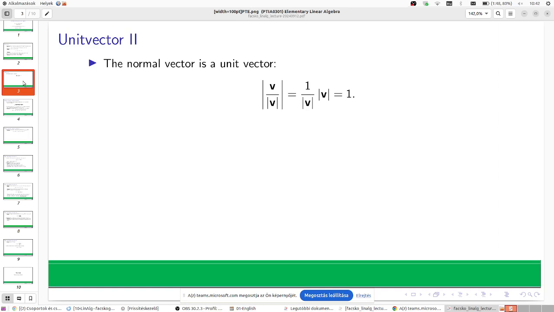Or you have this vector. You can calculate the length of this vector.